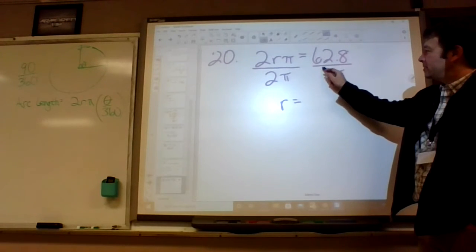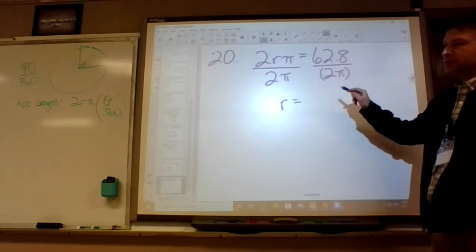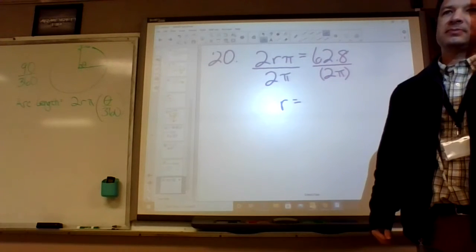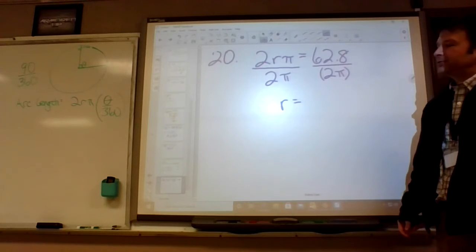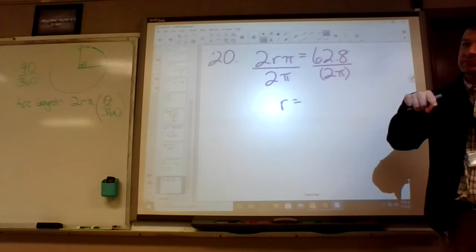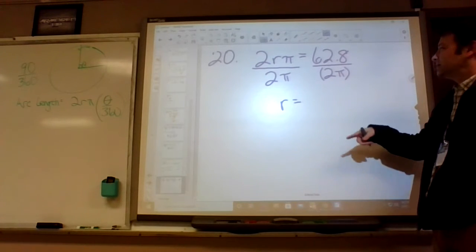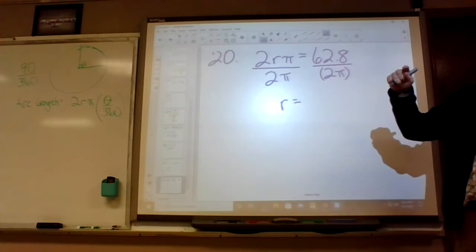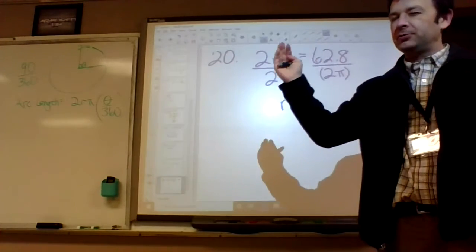On your calculator, you need to put parentheses around the 2 and the pi. Order of operations, your calculator has a division symbol, not a division bar. So we want to divide by both 2 and pi, so do 62.8 divided by parentheses 2 times pi, close parentheses.